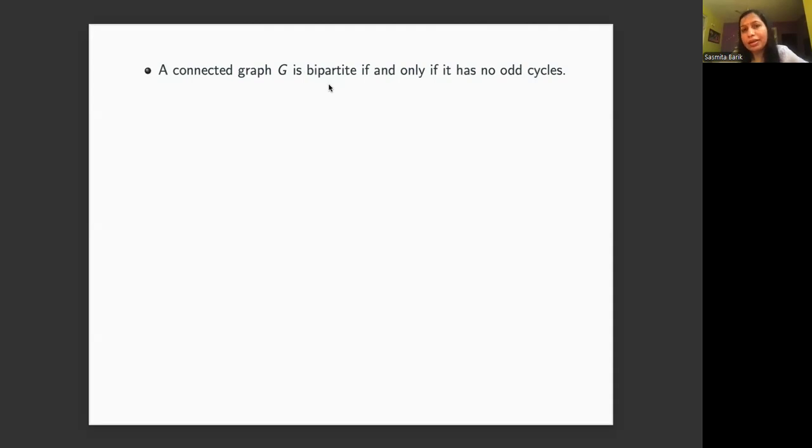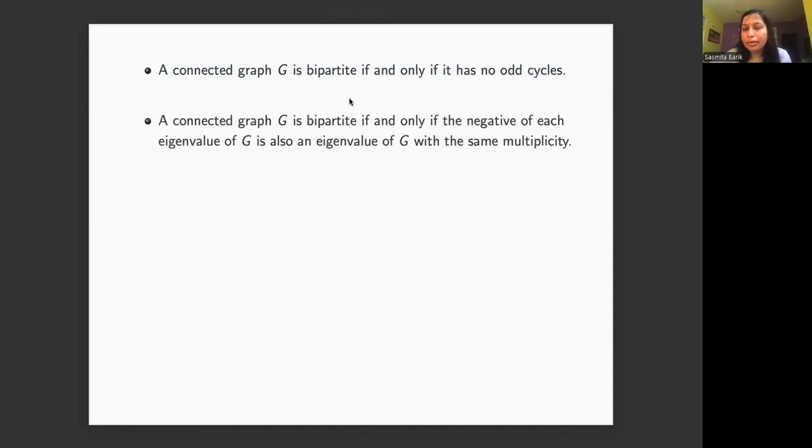So to decide whether a graph is bipartite or not is important. You can check whether there is an odd cycle or not, but this is not easy. You have to use an algorithm, and sometimes it takes time.